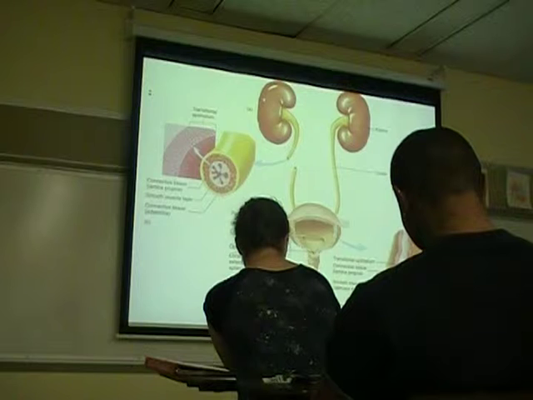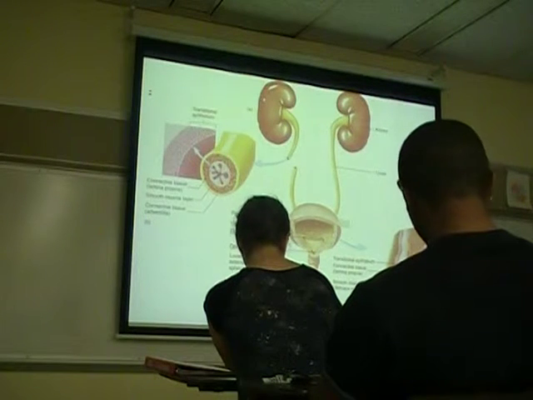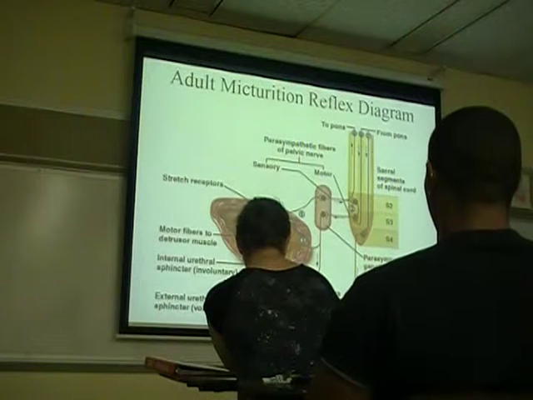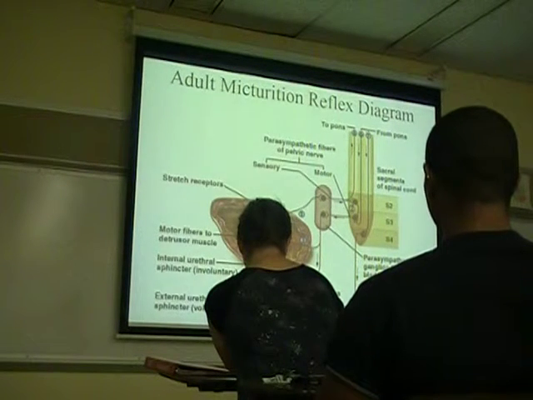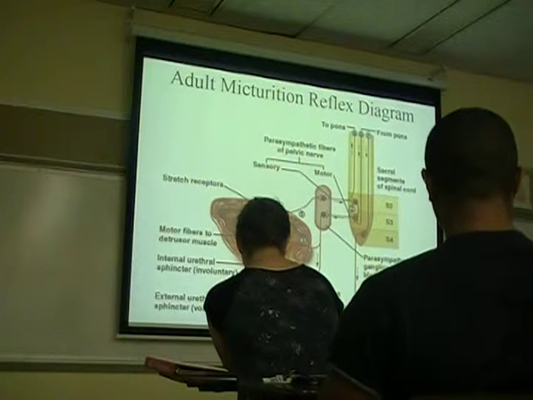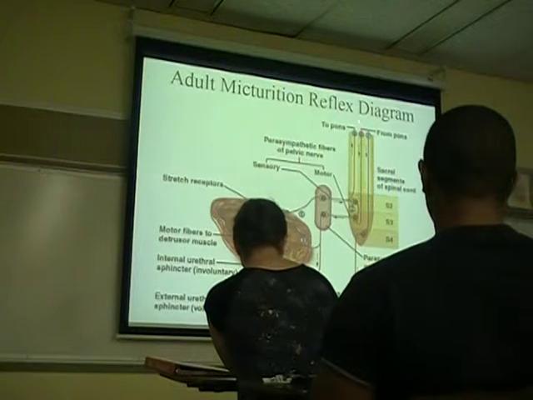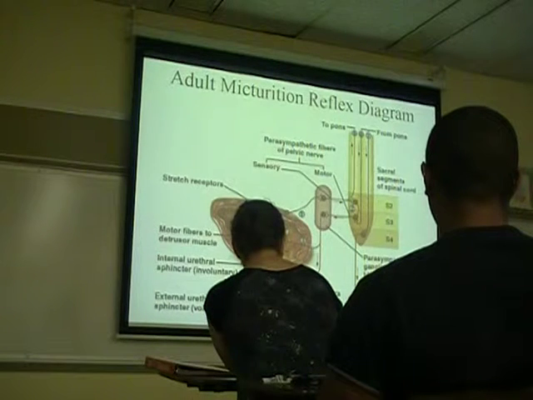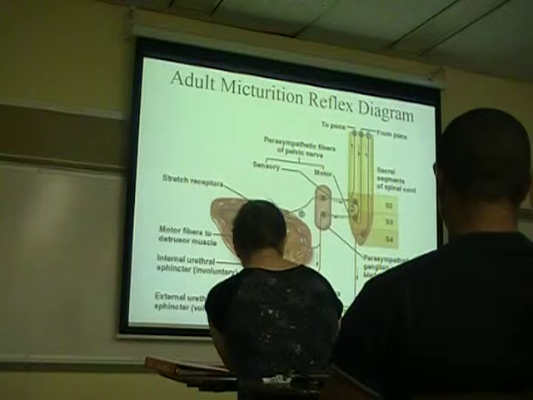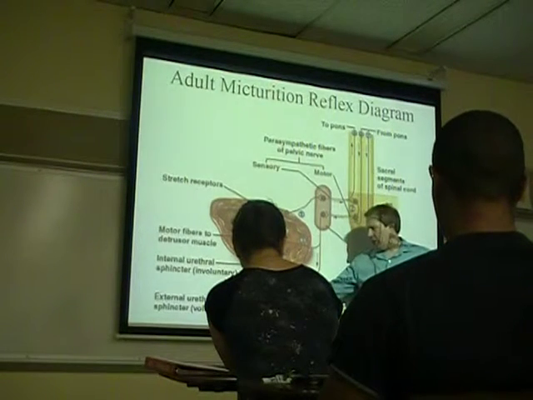Anyway, any questions about transitional epithelium, detrusor, how we urinate? We have stretch receptors here. The picture is only so you can appreciate the fact that yes, we do have connections here that are going to be evaluated in the spinal cord up to the brain, and then of course we can contract our muscles here, the external one anyway, so that we can urinate.